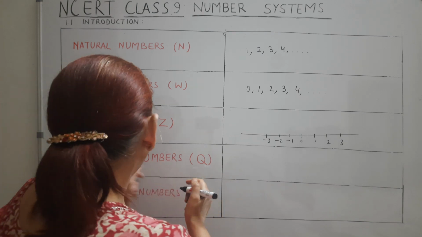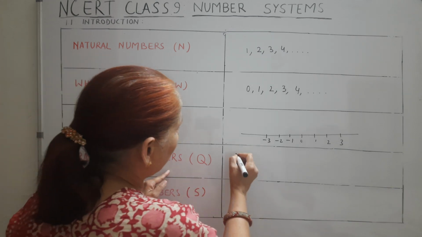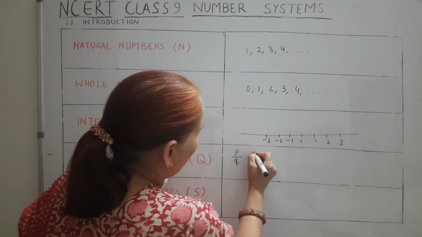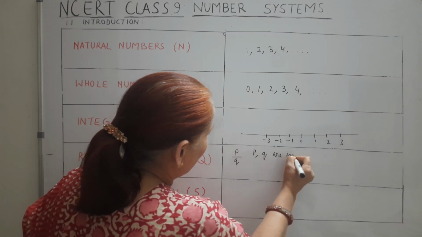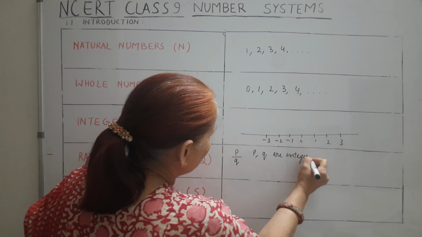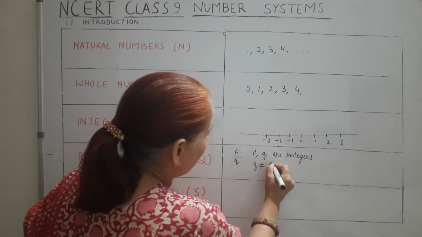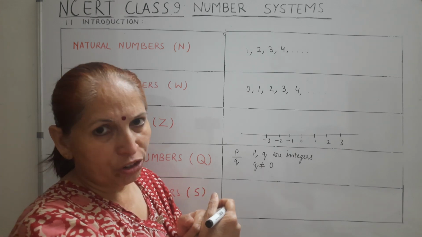Now we have rational numbers, a number written in the form of p by q, where p and q are integers and q is not equal to 0. So these are rational numbers.